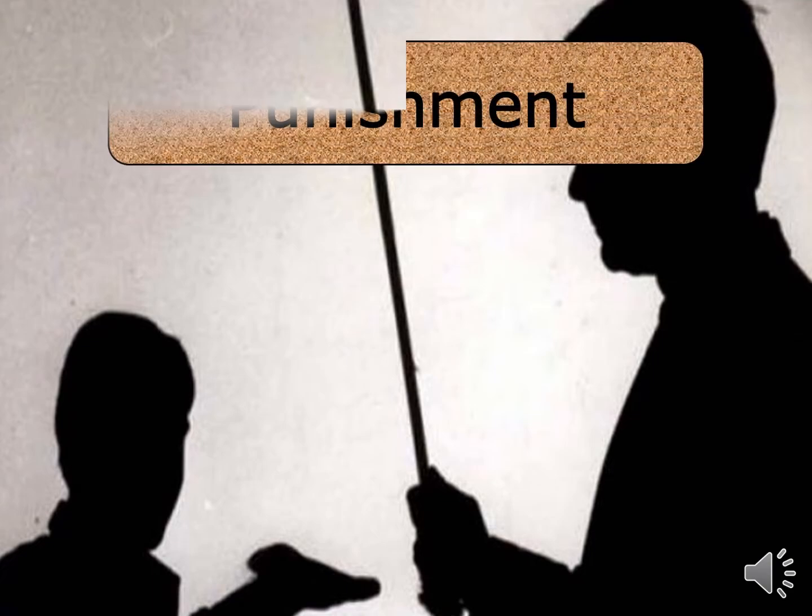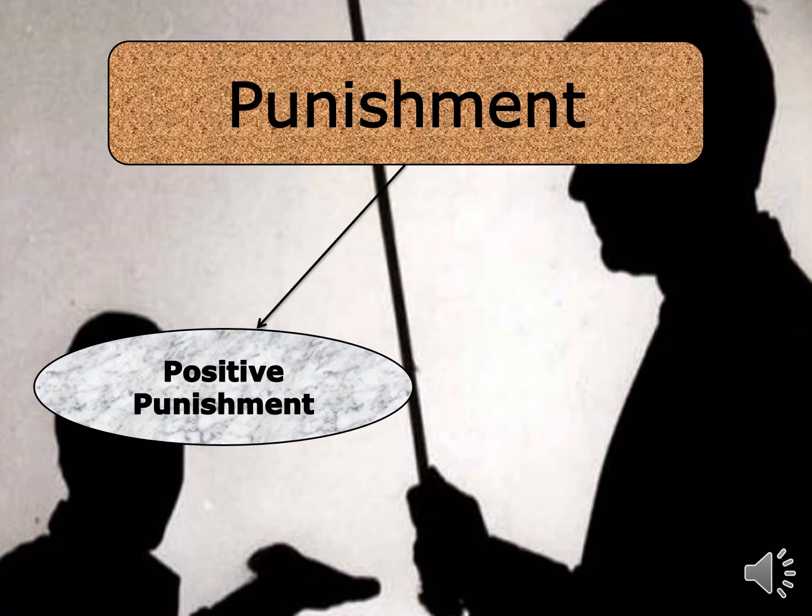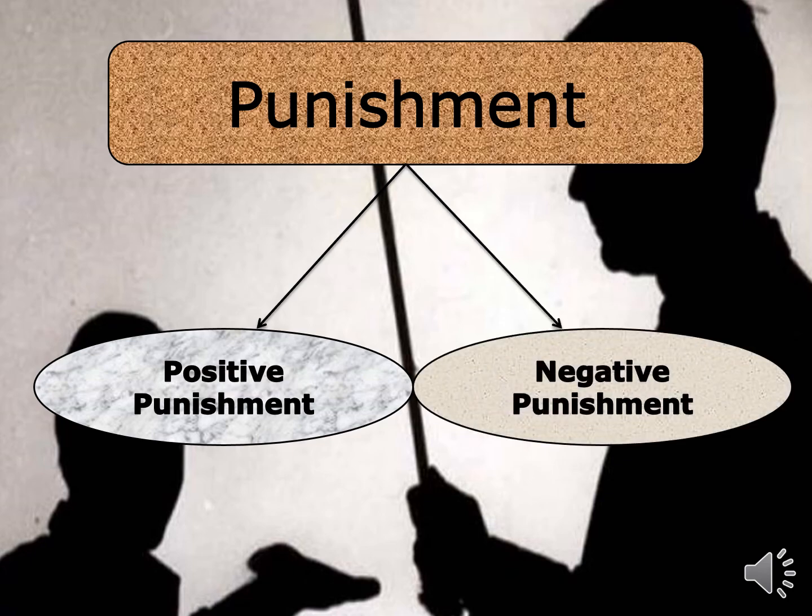Next, the punishment. We have two types of punishment, the positive and negative punishment. When we say positive punishment, this type of punishment is also known as punishment by application and involves presenting an aversive stimulus after a behavior has occurred. So for instance, the learner is talking in the middle of the teacher's discussion.